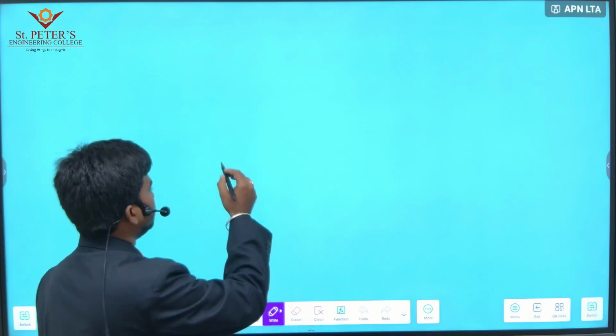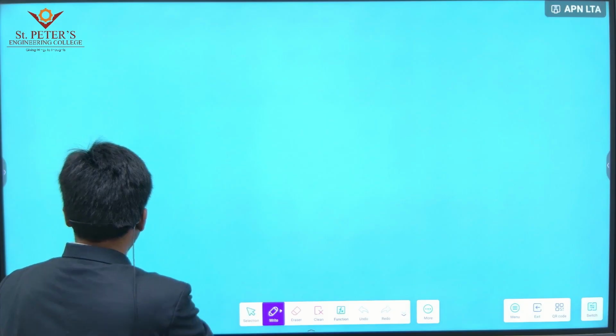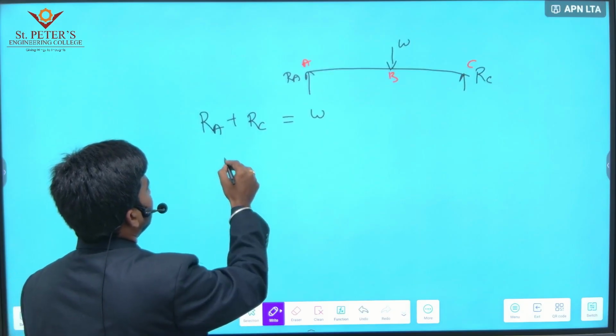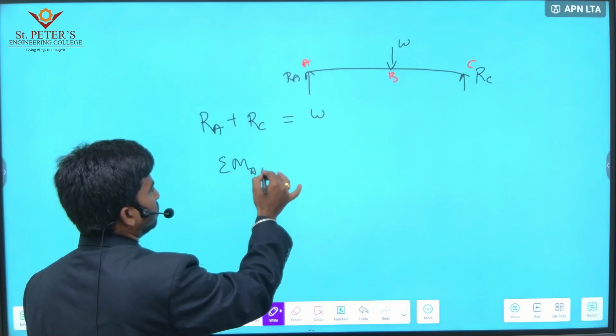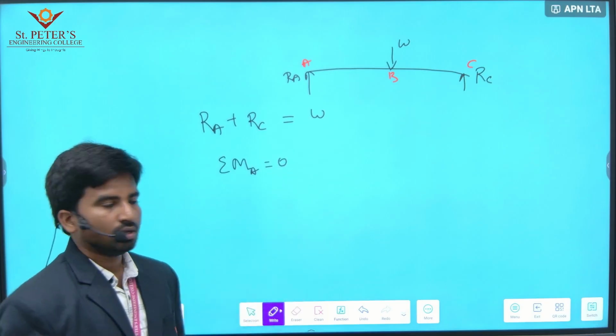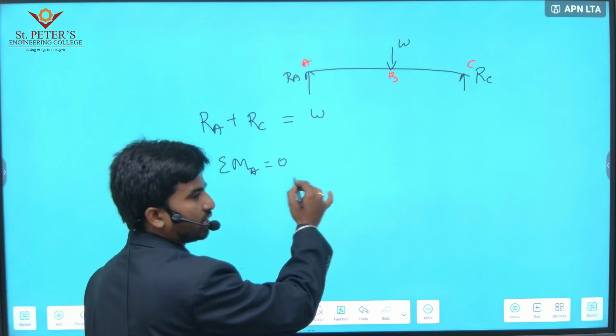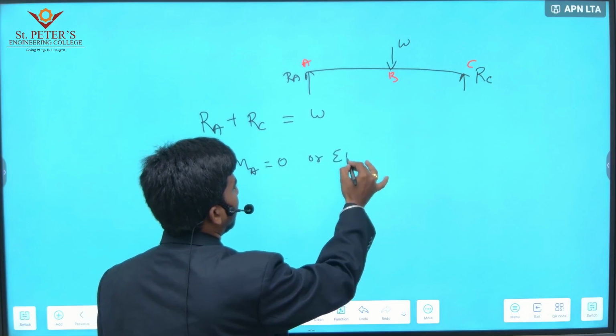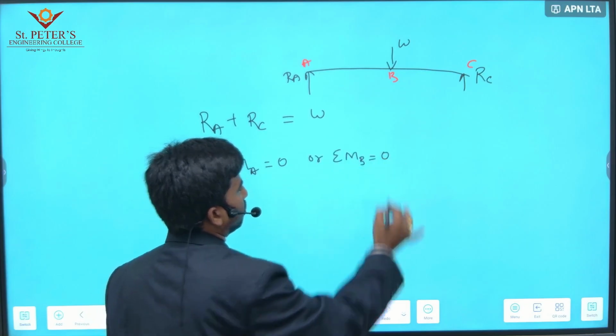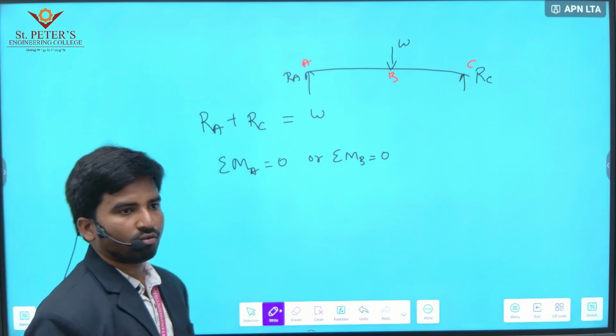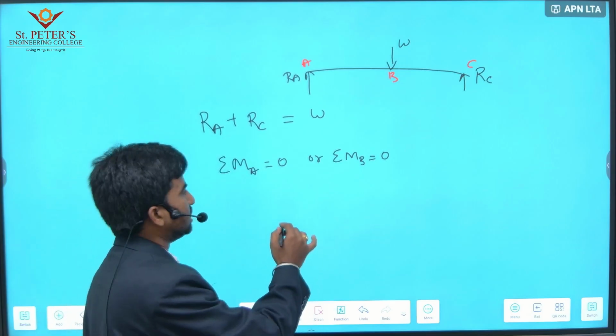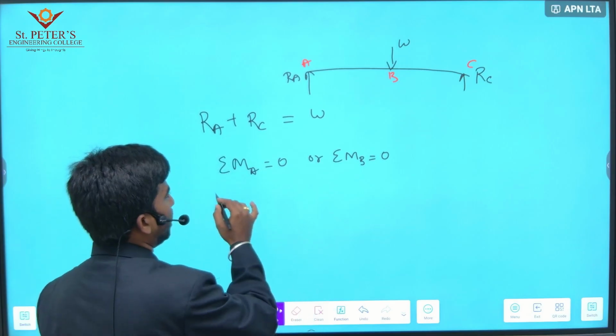So next point is moment about A equal to 0. Why do we need to take either moment about A equal to 0 or moment about B equal to 0? Moment is nothing but the product of force and perpendicular distance, known as bending moment.